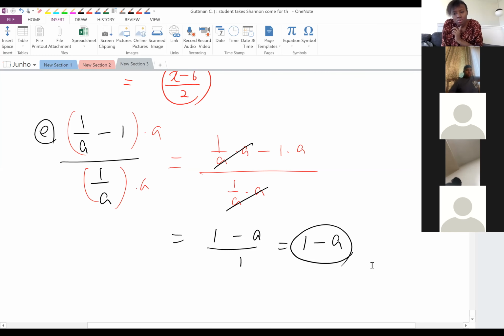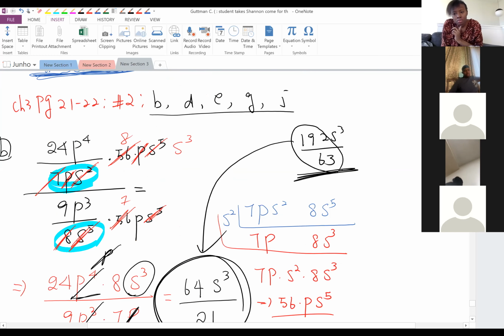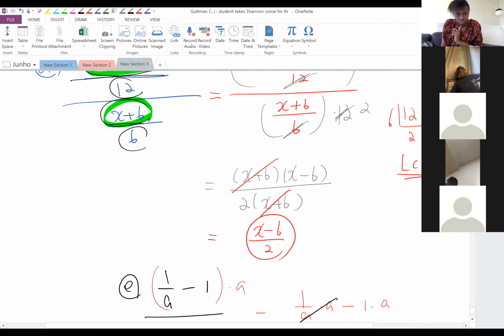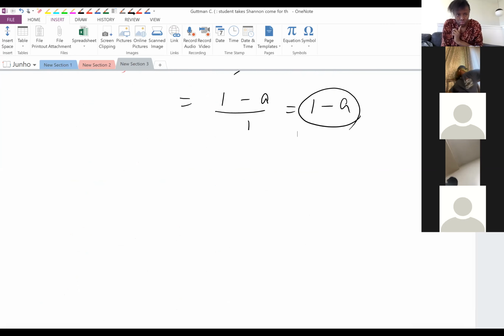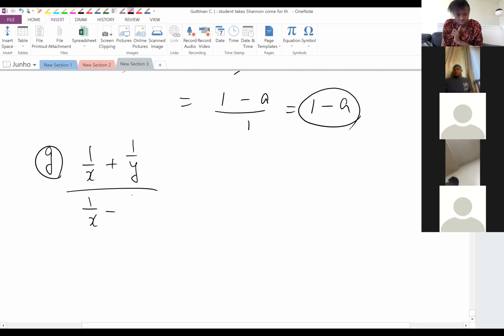Okay, the next one is G. So G here is 1 over x plus 1 over y, over 1 over x minus 1 over y.